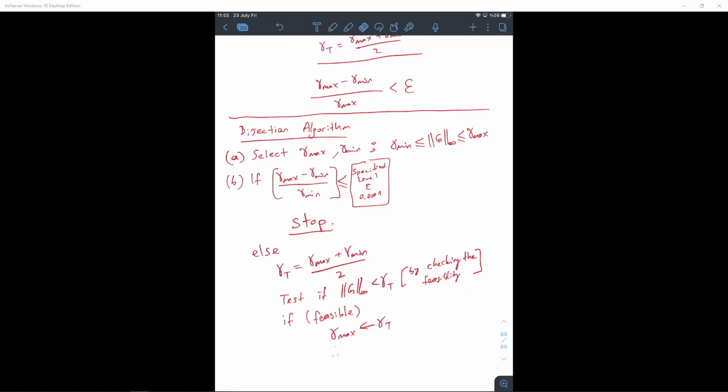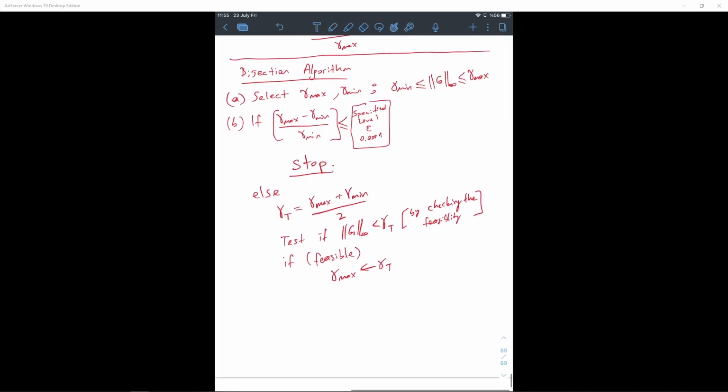If it's not feasible, that means gamma t is a lower bound. Gamma t is not greater than the H infinity norm, so change gamma min to this gamma t. Update the terms gamma min and gamma max.